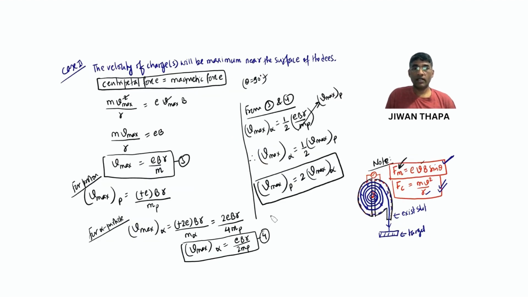What we find is that the velocity of the proton is greater than the velocity of the alpha particle at the exit.